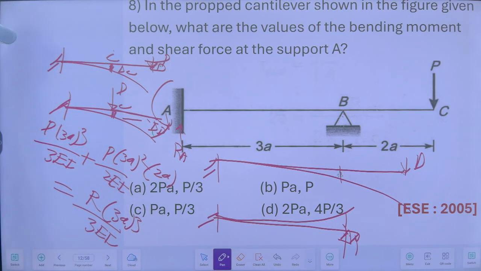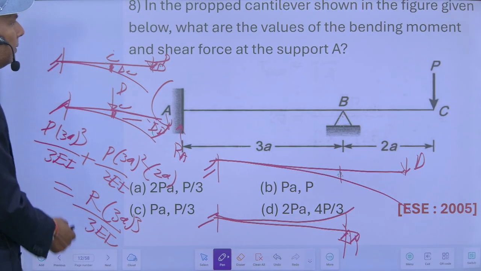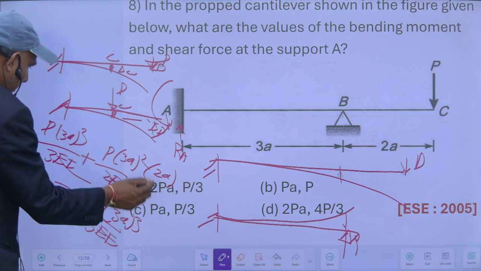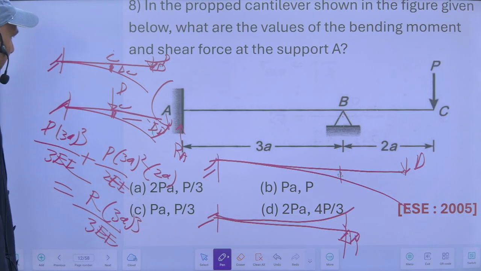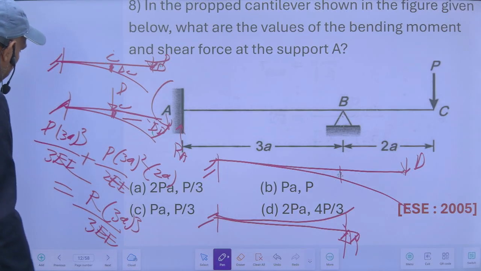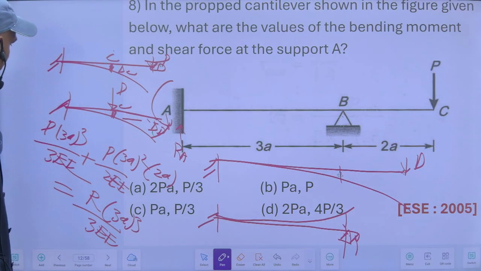So EI will cancel, and a cube also will not be present.